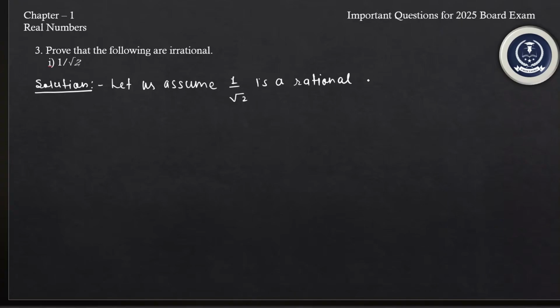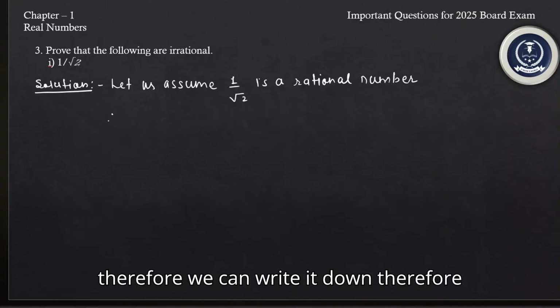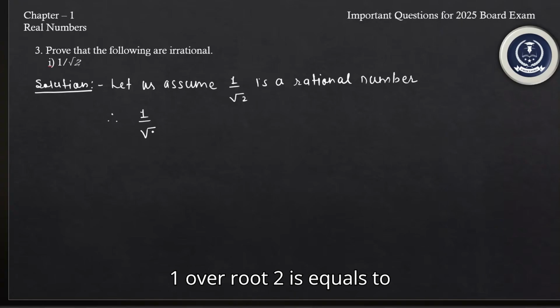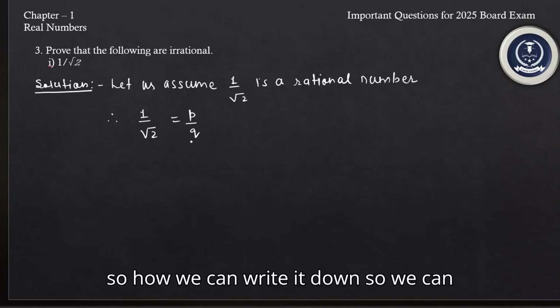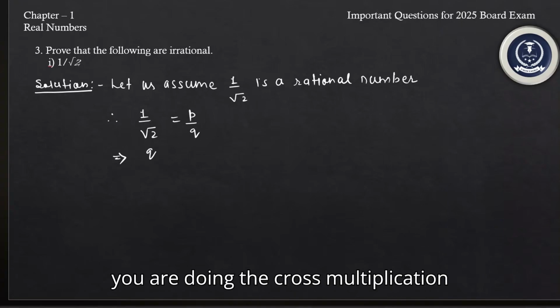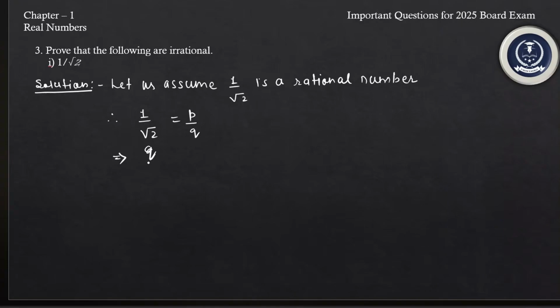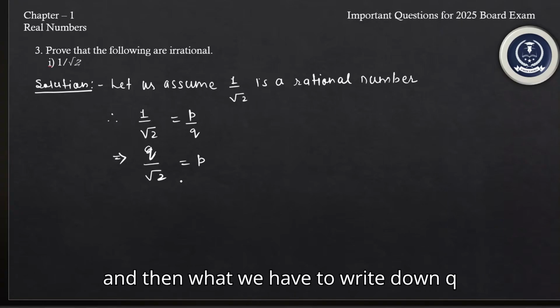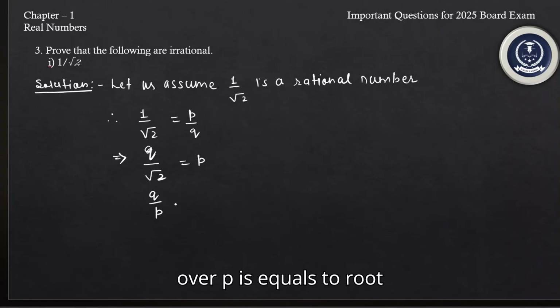Therefore, 1 over root 2 is equal to p over q. Just do the cross multiplication. Then it would be q over root 2 is equal to p. And then q over p is equal to root 2.